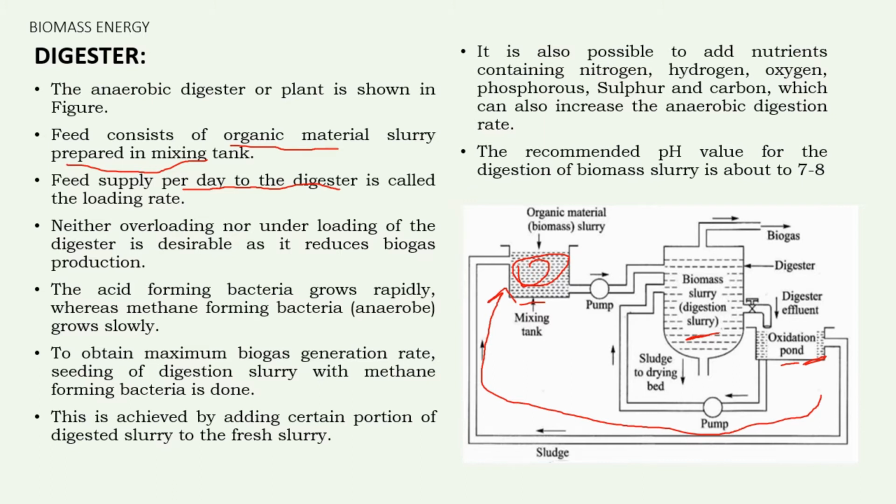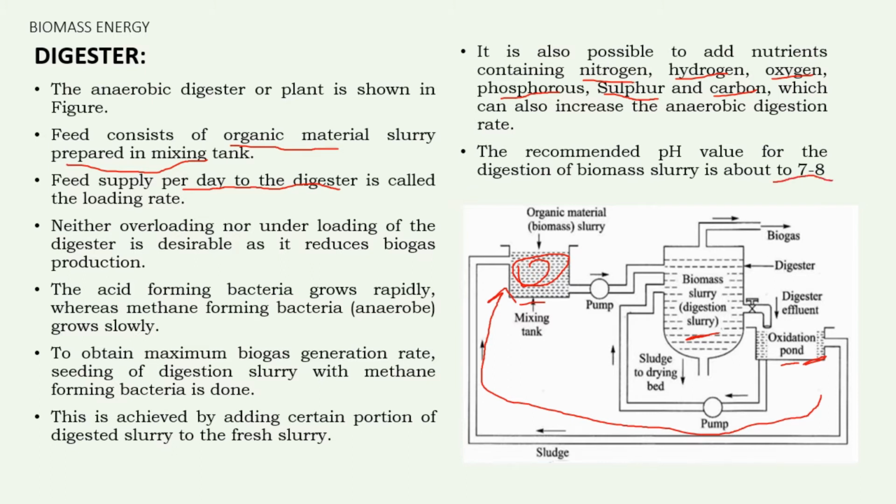Along with that, we can also add nutrients containing nitrogen, hydrogen, oxygen, phosphorus, sulfur, and carbon, which can also increase the anaerobic digestion rate. The recommended pH value for the digestion of biomass slurry is about 7 to 8. So this is how the digester functions.